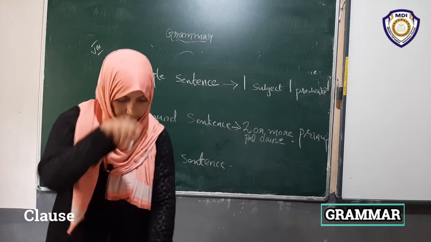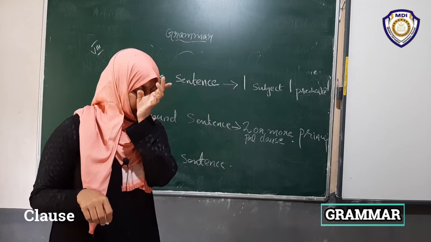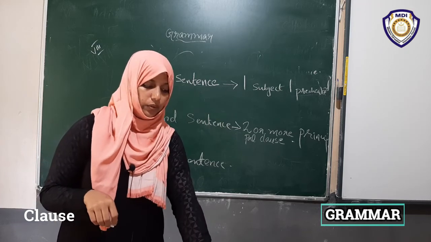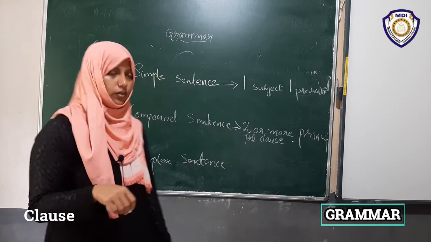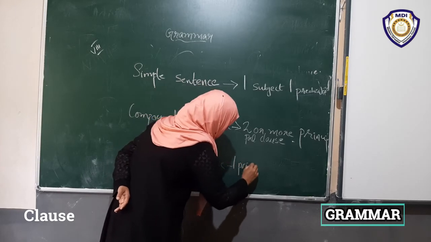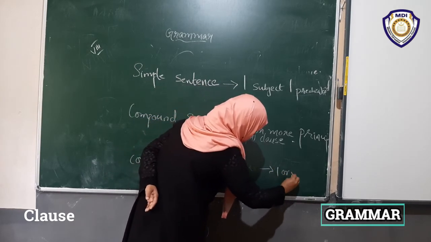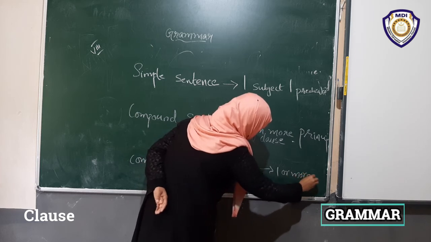Okay, then which is the next one? Complex. A sentence that has one principal clause and one or more dependent clauses. There should be one principal clause, and then one or more dependent clauses.